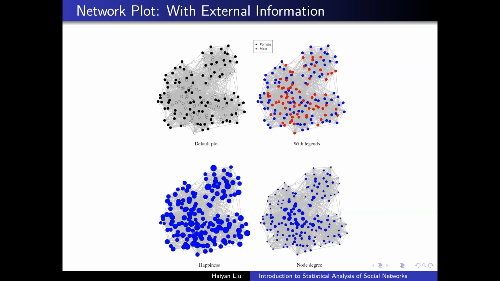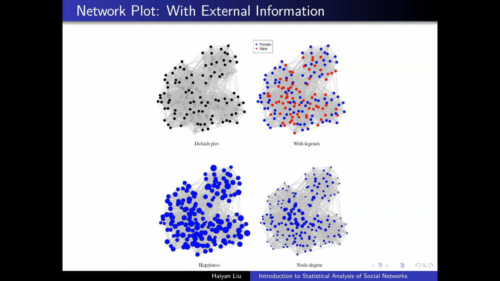We could also make the network plot more informative by including external information either in the size of the bubble or in the color of the bubble. For instance, in this plot, we use the blue bubble to represent female students, and the red bubble represents male students.